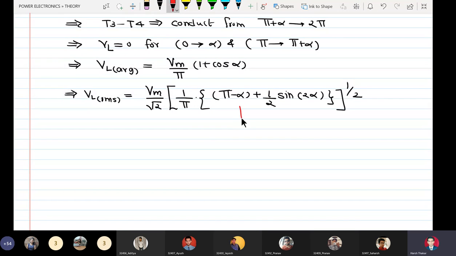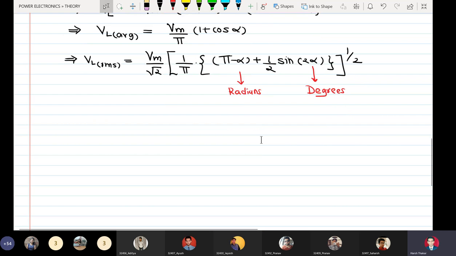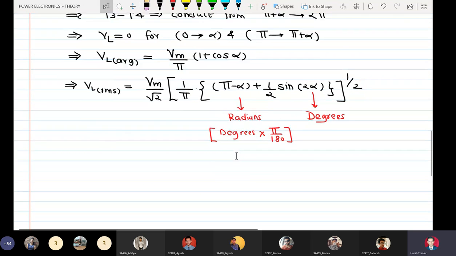To mention that this is in radians and this is to be taken in degrees, and you know that radians means it is the value in degrees into pi by 180.